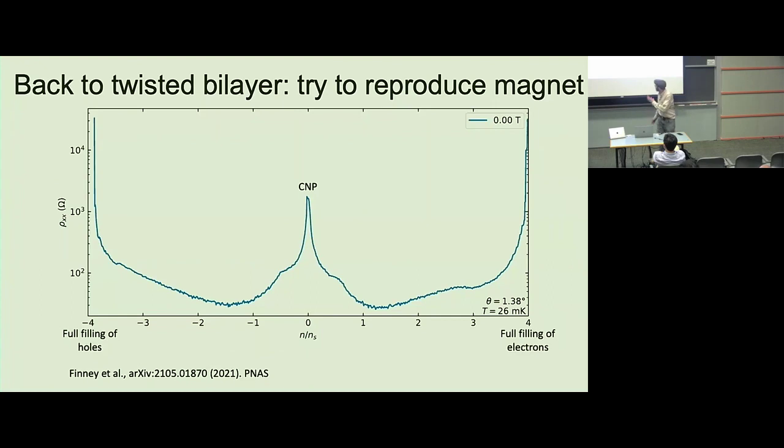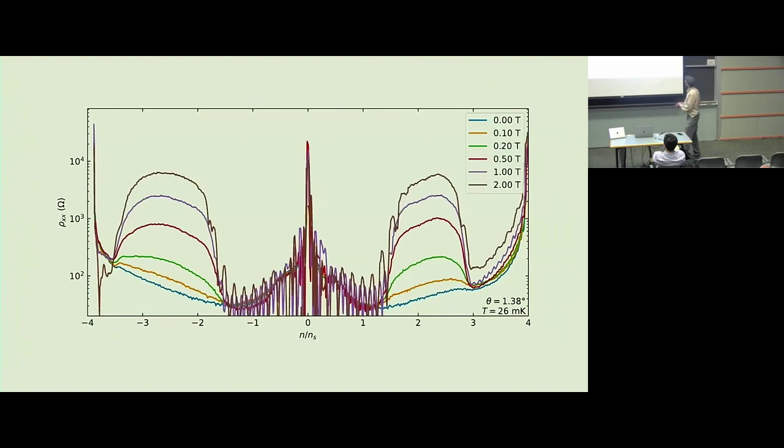So this looks pretty generic, but then let's turn on a magnetic field. Here we have a selection of magnetic fields going up to 2 Tesla, so relatively modest. And what you see, again on a semi-log scale, is that the resistivity over broad swaths of density on both the electron side and the hole side just shoots up.